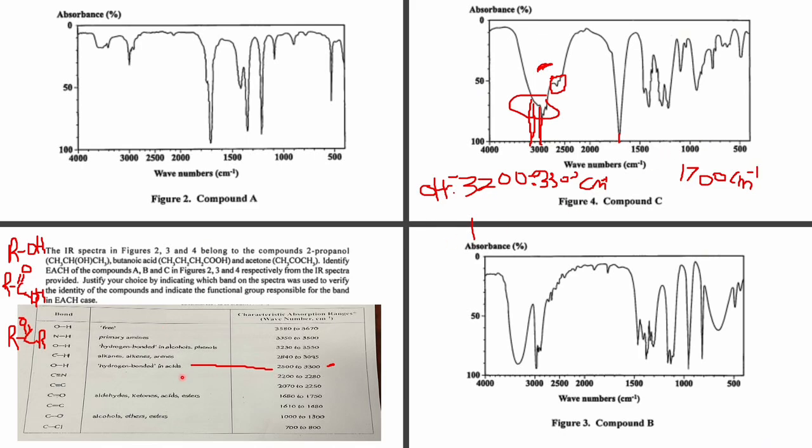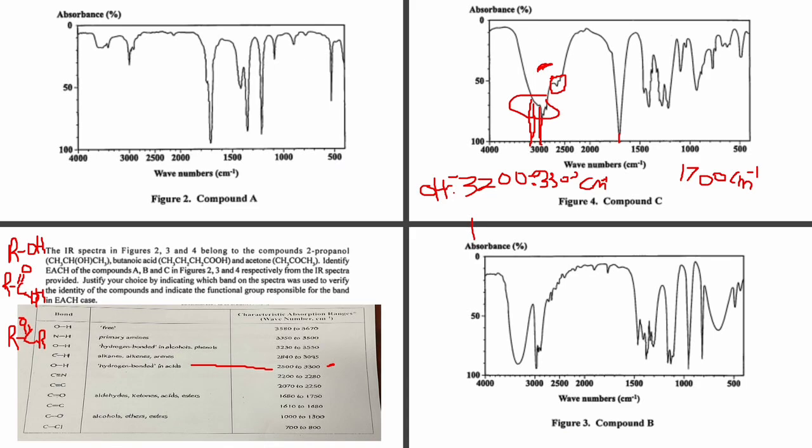So if I were to go back to our data sheet and look for the range of that 1700, and also knowing that our carboxylic acid contains a carbon double bond to oxygen and your OH group, we can see that your carbon double bond to oxygen has a range of 1680 to 1750.